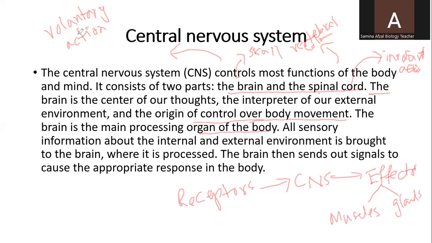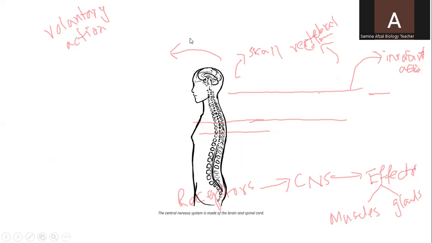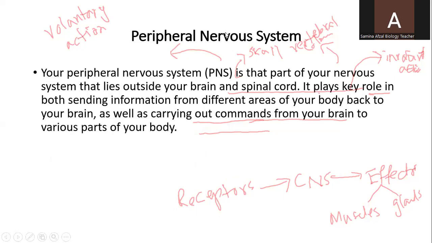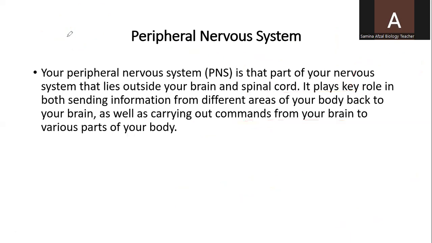So the next part of the nervous system is the peripheral nervous system. The peripheral nervous system consists of associated nerves which send the messages from receptors towards the central nervous system, and from the central nervous system towards the effectors.